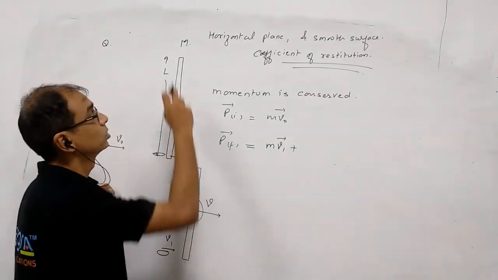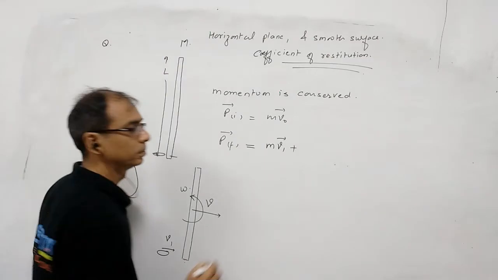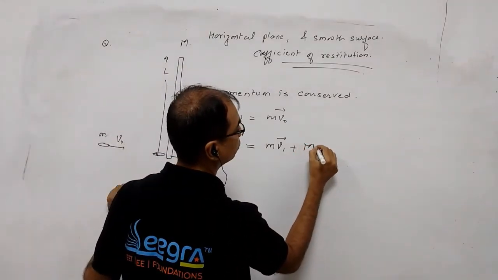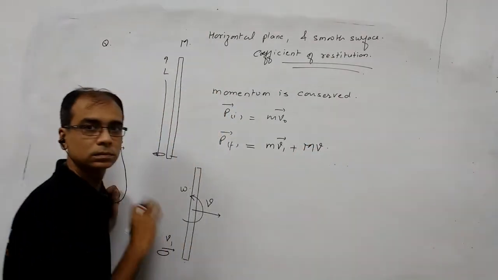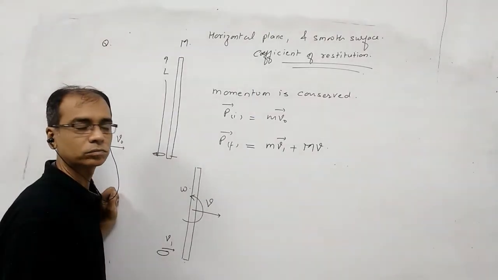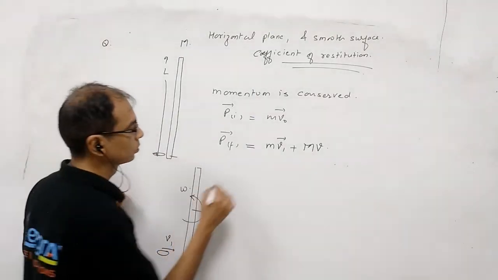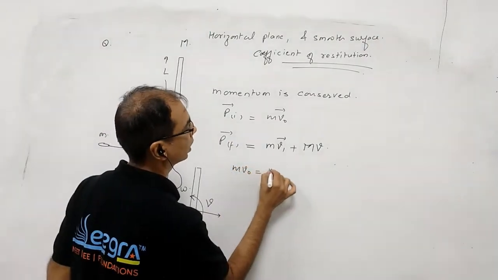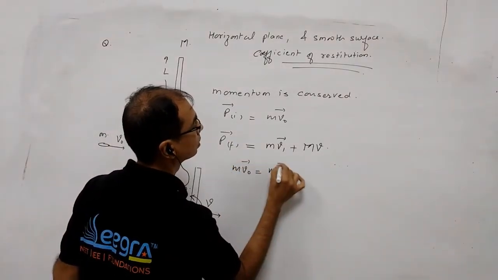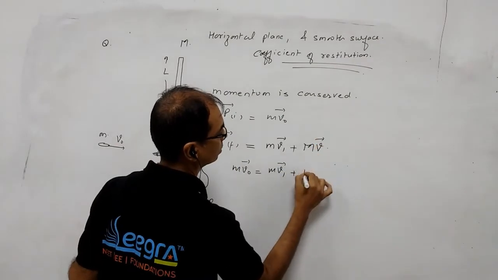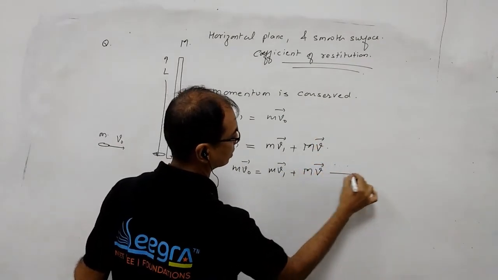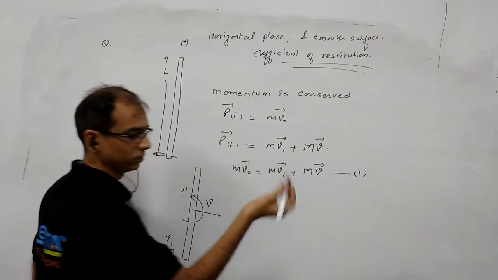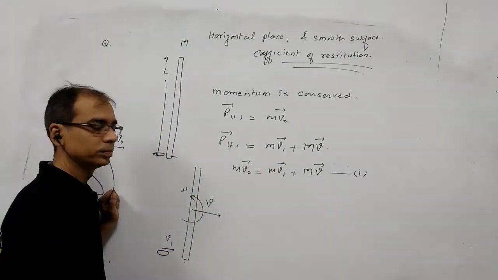Rod's mass, capital M. So M into V. Equate both. Pi equals Pf, so mv naught equals mv1 plus MV. They are all in the same direction. V naught, V1, V, everything is in the same direction, so no problem.